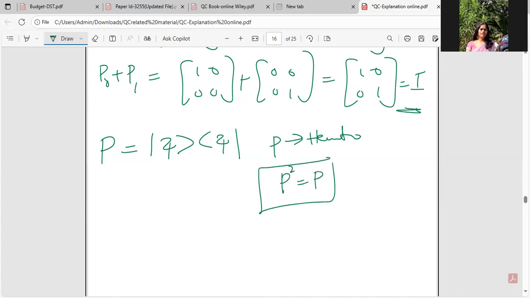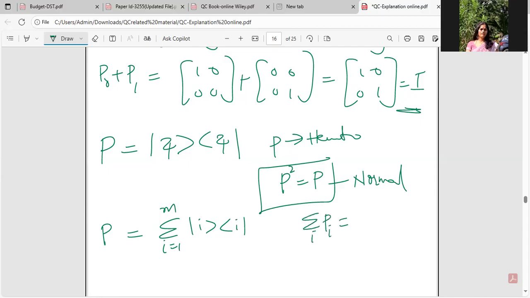That means P is normal as well. And then P is nothing but the sum of all outer products. And then the summation of P_i is equal to capital I. This is nothing but my completeness relation.